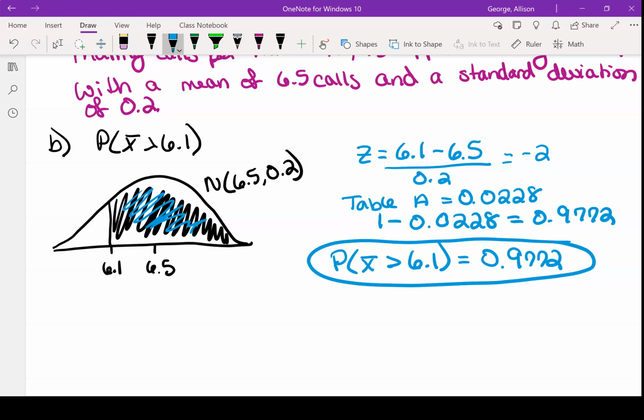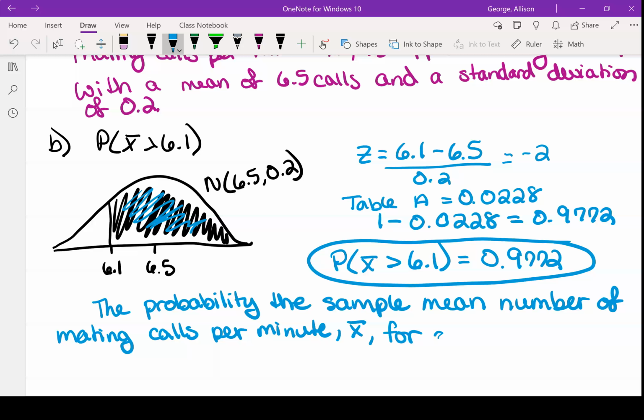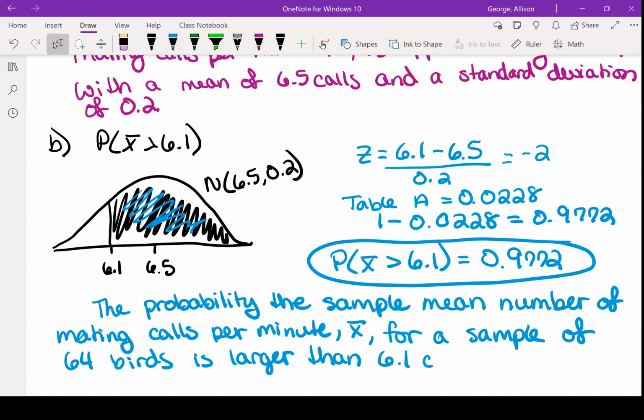All right, so we need to write this sentence to interpret it. The probability that the sample mean number of mating calls per minute for a sample of 64 birds is larger than 6.1 calls per minute.